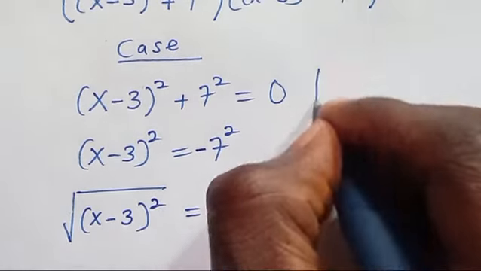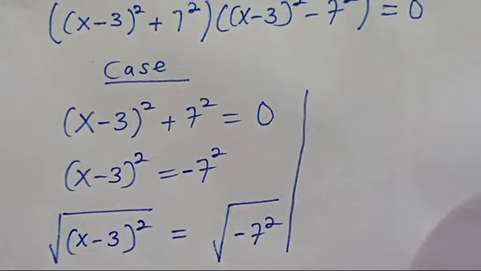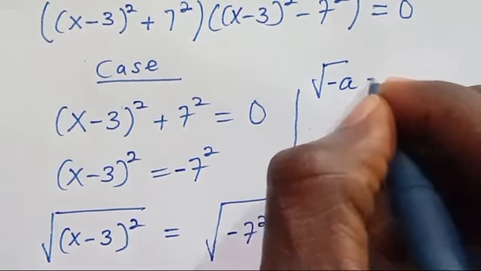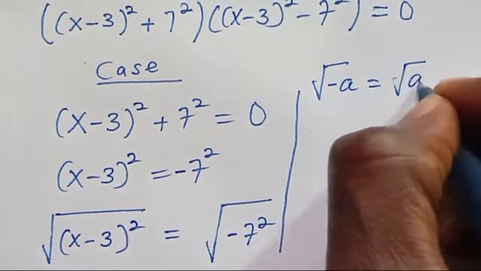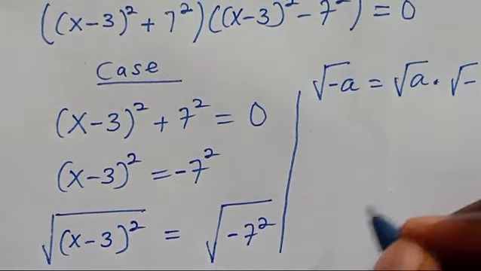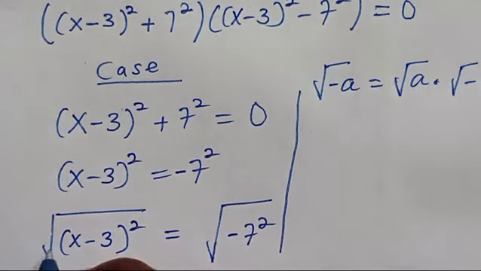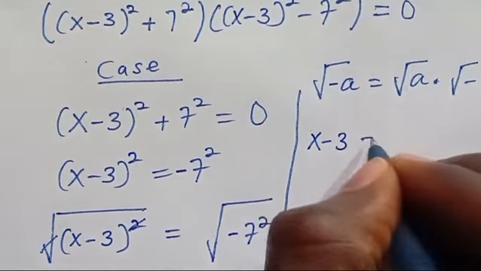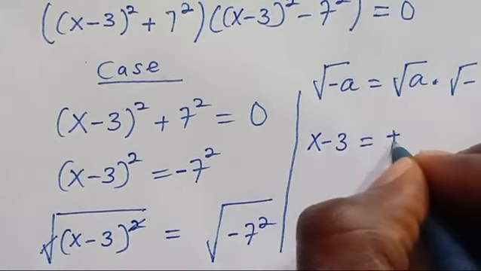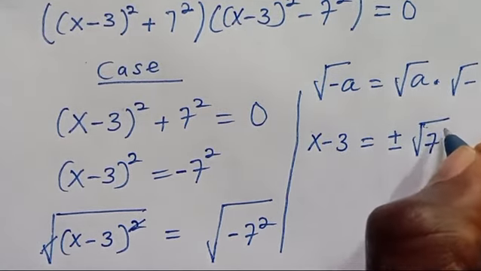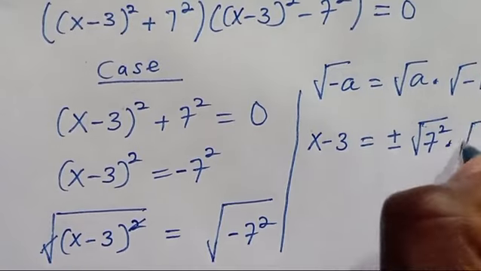And so when we have the root of minus a equals root a multiplied by root of minus 1. So when we apply it here, the root and the square cancel. We have x minus 3 equals positive or negative root of 7 to the power of 2 multiplied by root of minus 1.